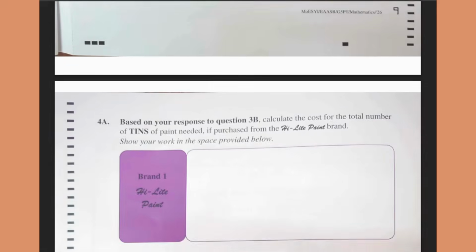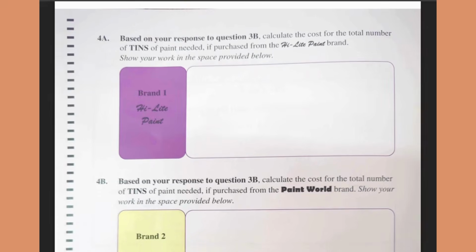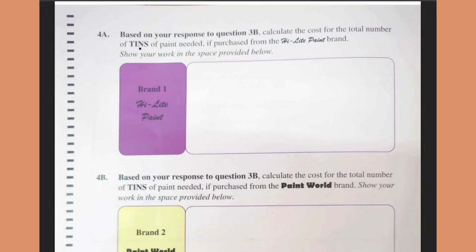So let us proceed to 4A. 4A says, based on your response to question 3B, calculate the cost for the total number of tins of paint needed if purchased from the Highlight Paint brand. Show your work in the space provided.